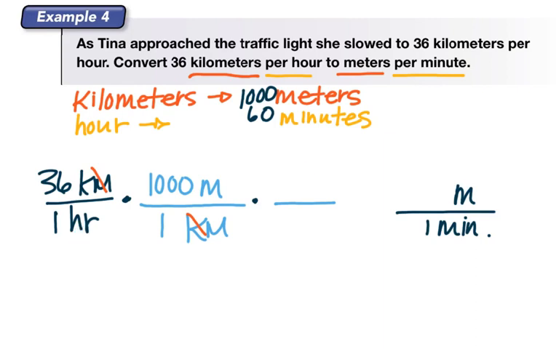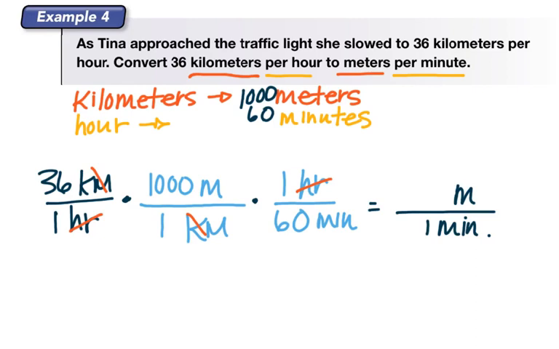So I'm going to put 1 hour up here, and then look back up and see that my 60 minutes will then go on the bottom. And I can even go back in over here and cross out those hours. And then this will be where my equal sign comes in.